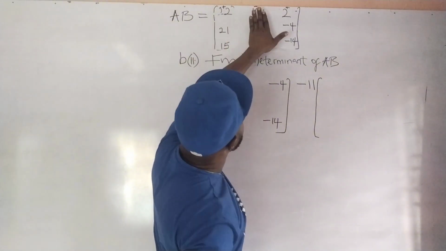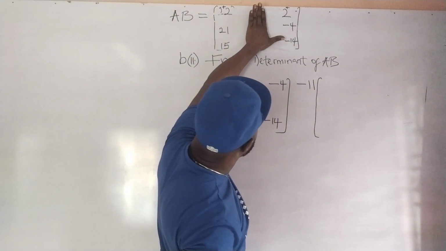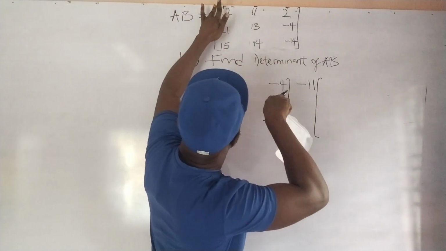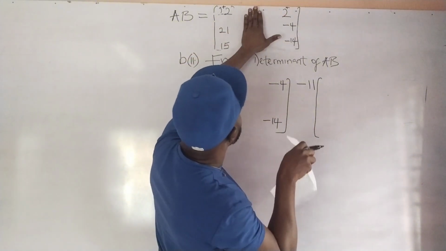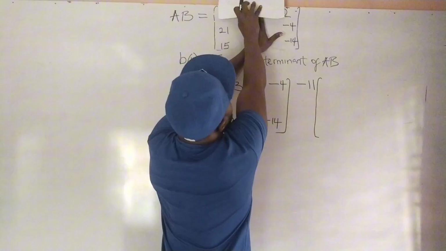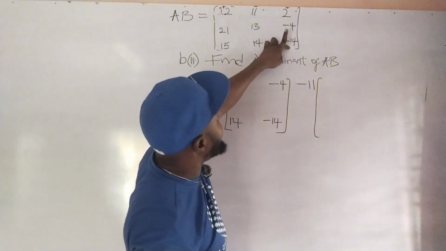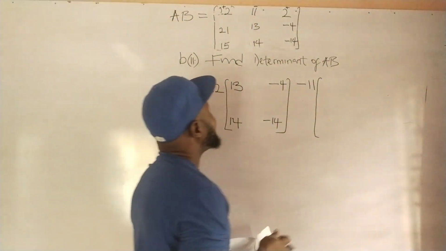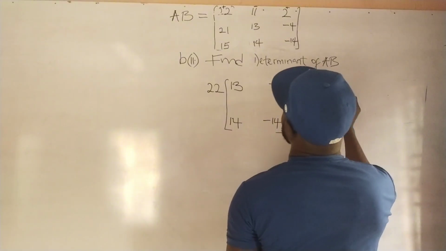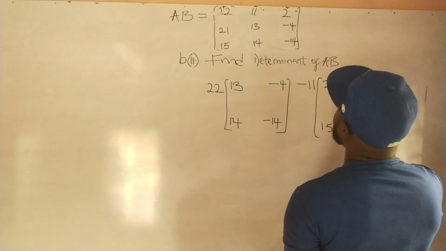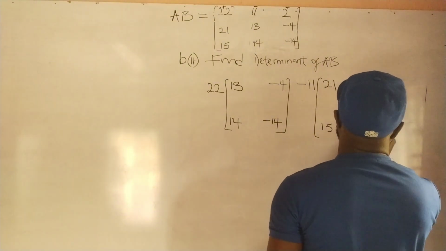And if you make this particular column invisible, it will be remaining 21, 14, minus 4, and minus 14, because this place and this above is invisible now. So those are the elements you are going to write out. 21, 15, minus 4, and minus 14.